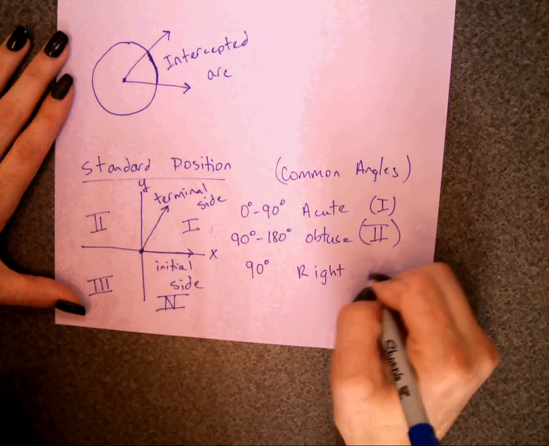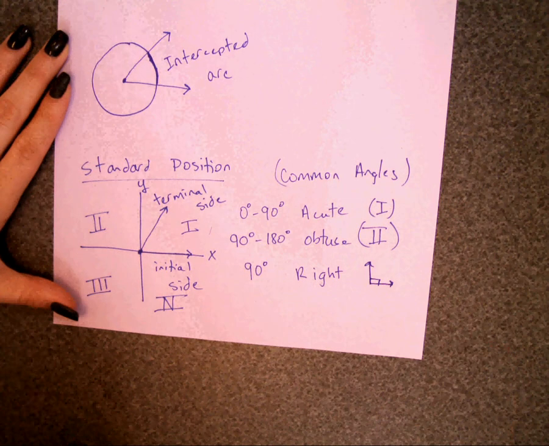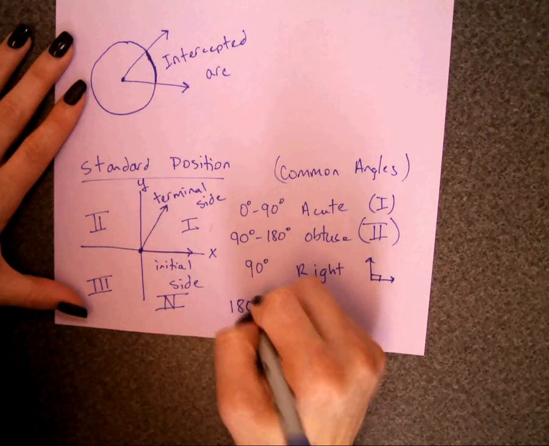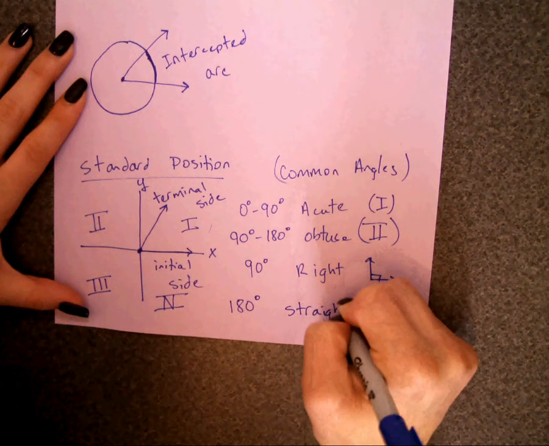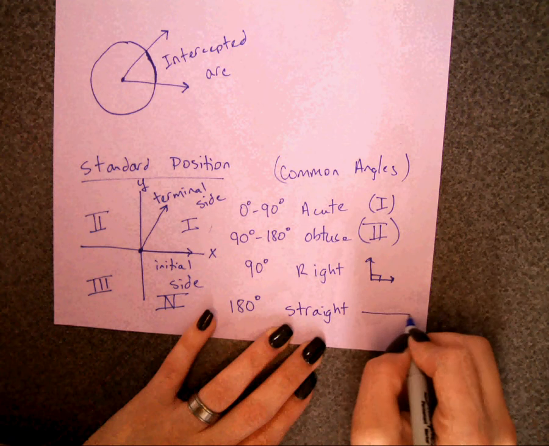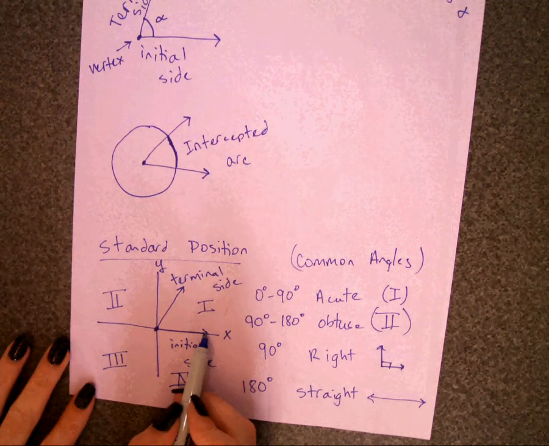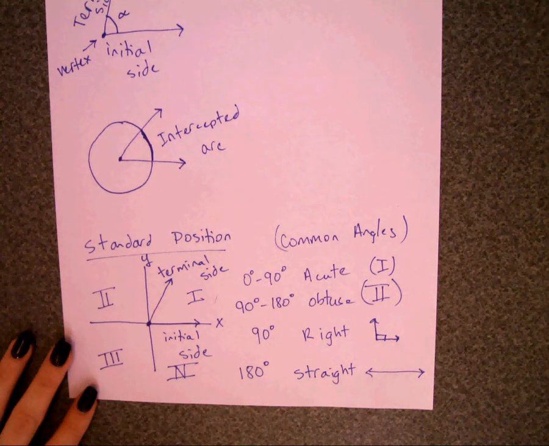So something like this. And the last common angle is an angle that is exactly 180 degrees, and we say this is a straight angle. As the name suggests, it just goes all the way across. So halfway around, making a semicircle, gives us a straight angle.